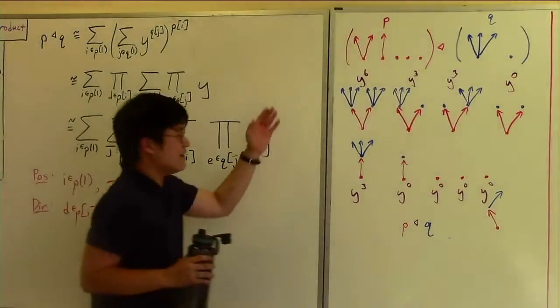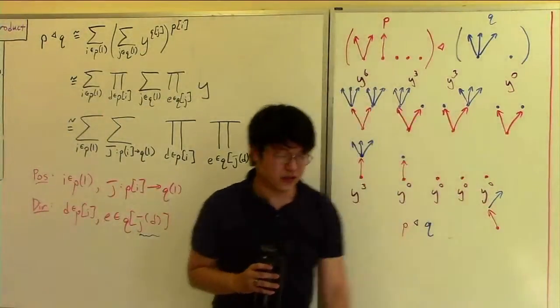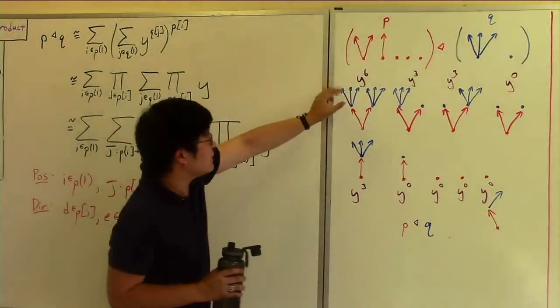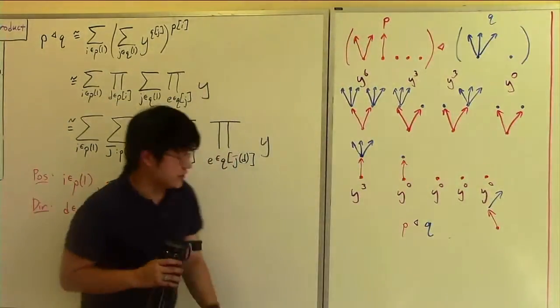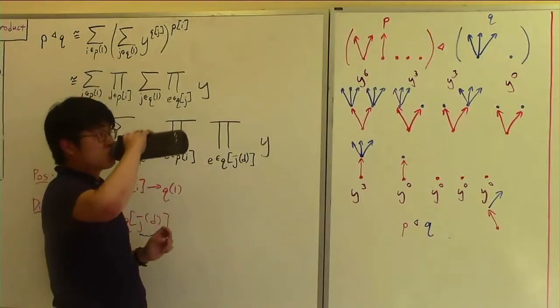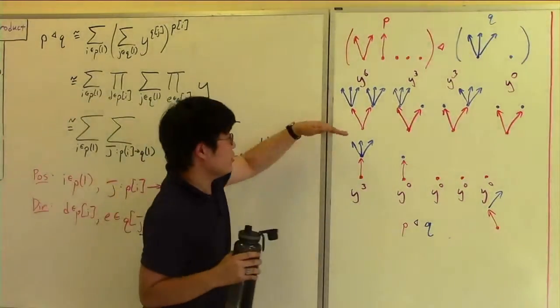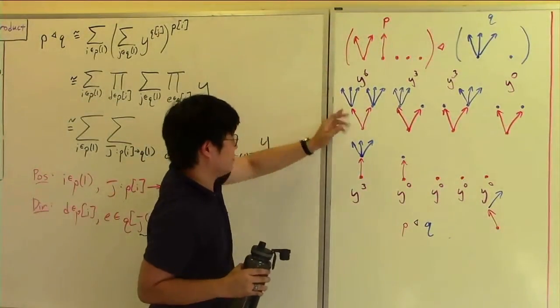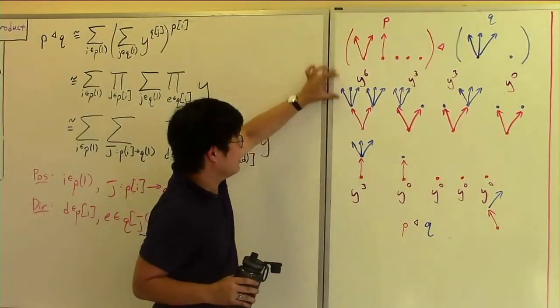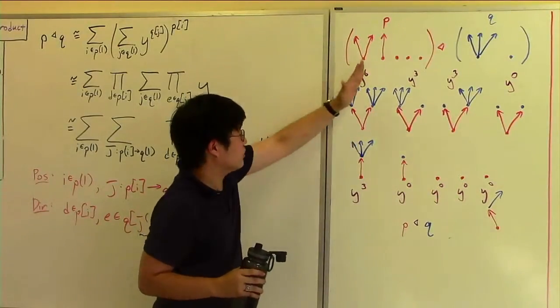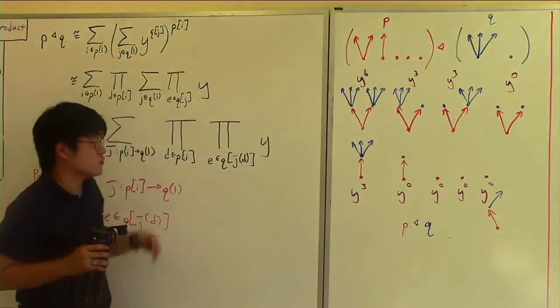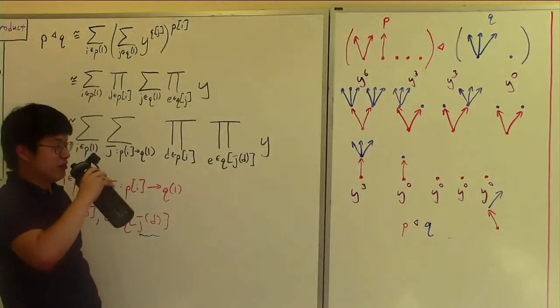And in fact, this works inductively, right? If we had a bunch of polynomials composed together, we could stack them to be even taller trees. And so if we had 3 polynomials composed together, we would stack them all on top of each other and then look for these length 3 paths up the tree, and so on.